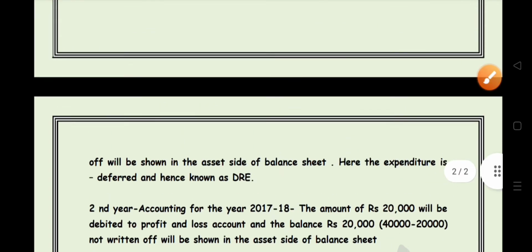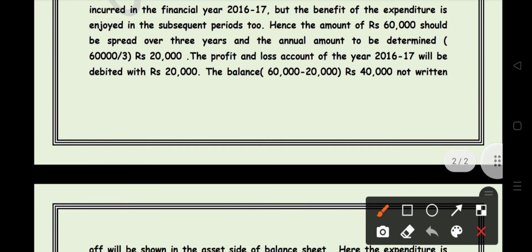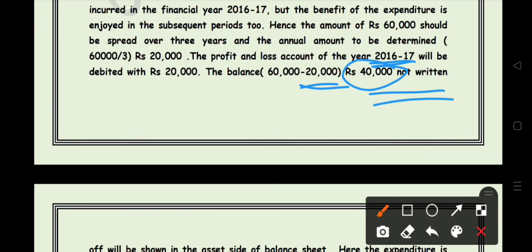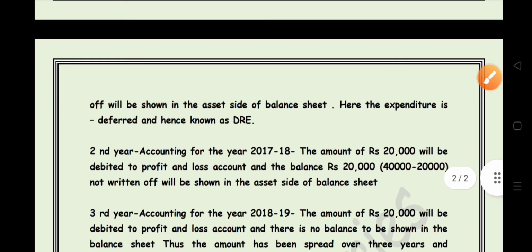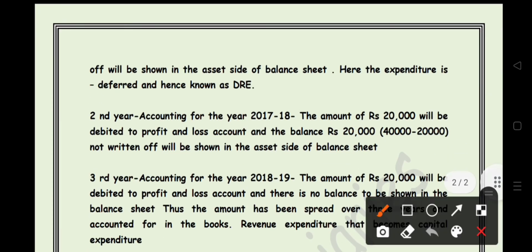Here we will treat this 20,000 as a revenue expenditure in the year 2016-17, and the remaining balance we will show on our asset side, as we will avail those benefits in the next financial years. Hence the remaining amount is treated as a deferred revenue expenditure.